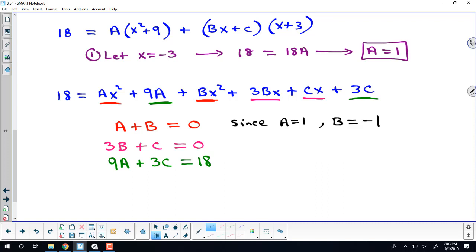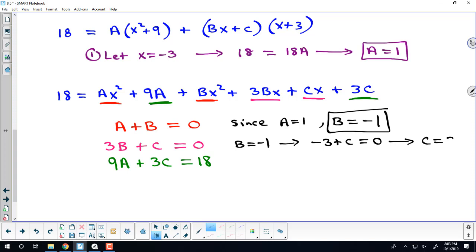And if B is -1, we have -3 plus C has to be 0 from our second equation, which means C has to equal 3. The same result, 1, -1, and 3, would have come out if we solved that system of 3 equations and 3 unknowns. But I think if you can use the shortcut to get one variable, it'll definitely make solving the system a lot easier.